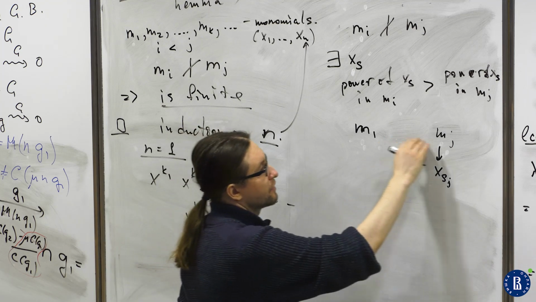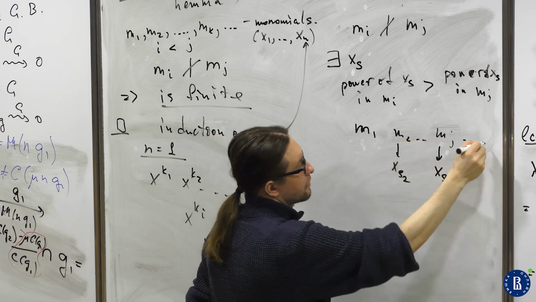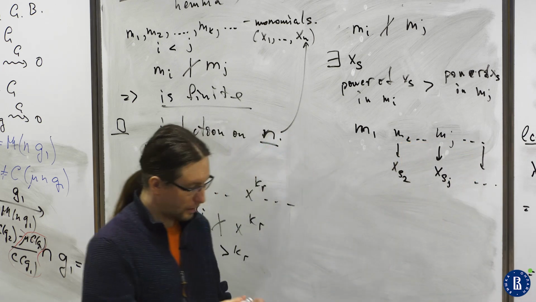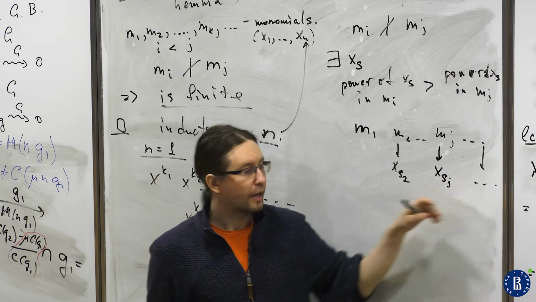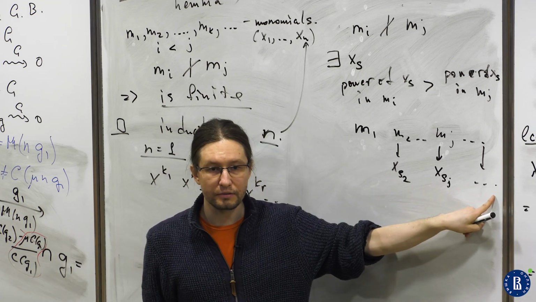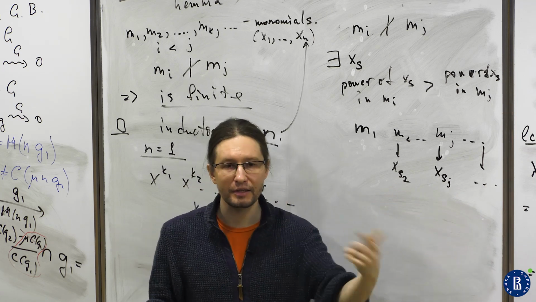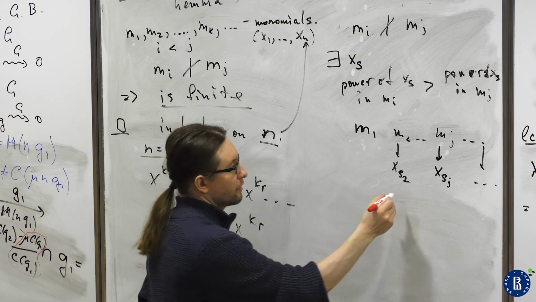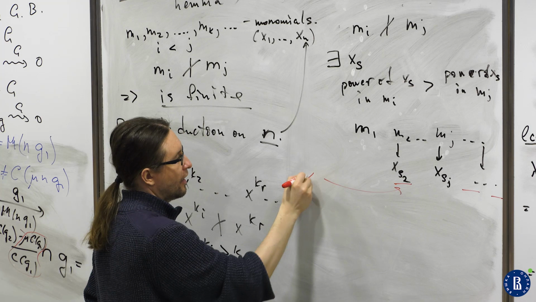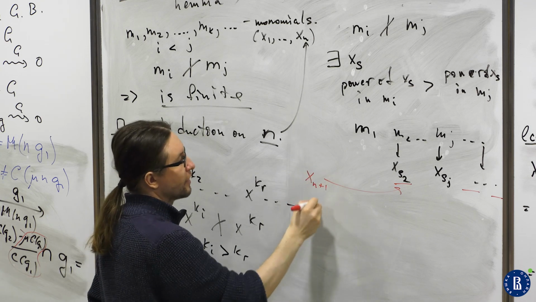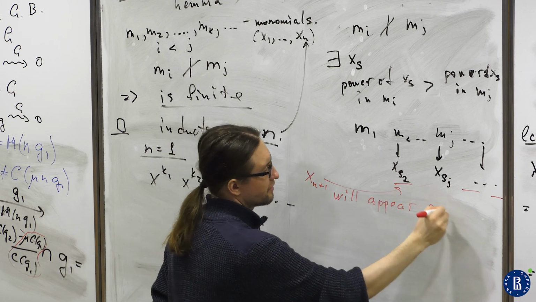So we have the sequence of monomials m2, and so on. Now, this sequence is infinite, but there are finitely many variables, which means at least one variable will appear here infinitely many times. So at least one variable, let's say x_{n+1}, will appear infinitely many times.